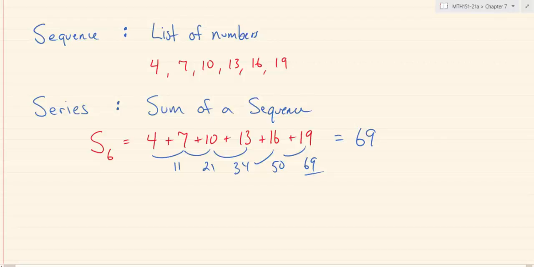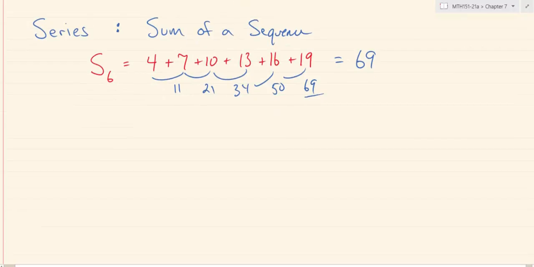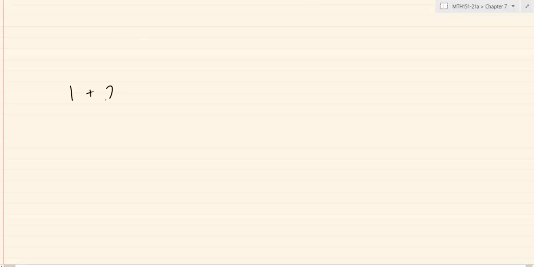Could you add these up more efficiently? And what would that process be? With this example, it's a small number, and you might want to shortcut it. So let's start with an example that is really difficult to do. 1 plus 2 plus 3 plus ... plus 998 plus 999 plus 1,000.